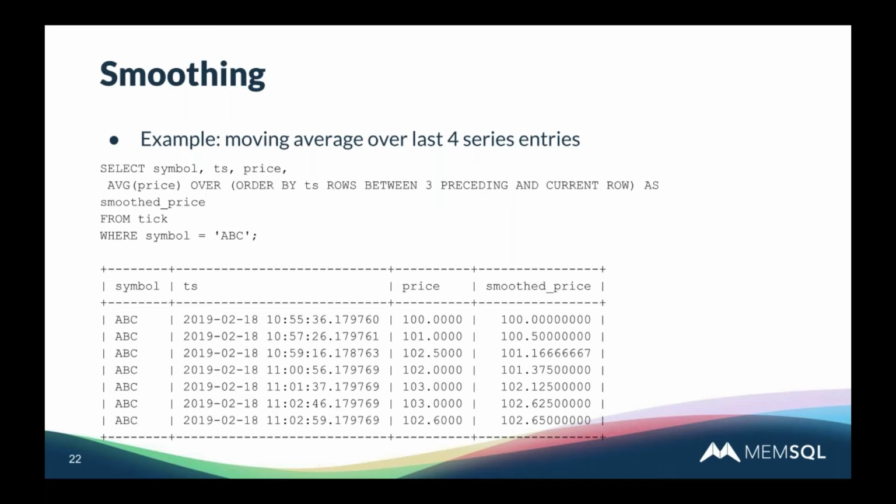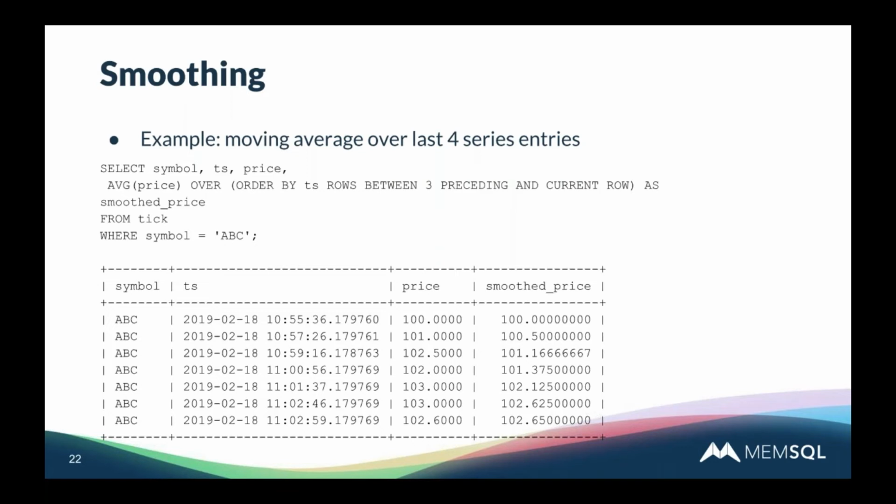window functions in MemSQL. This is an example of a query that computes the moving average over the last 4 entries in a time series. In this case, the example is just pulling out the stock ABC, and we want to know the stock symbol, the timestamp, the original price, and the smooth price.